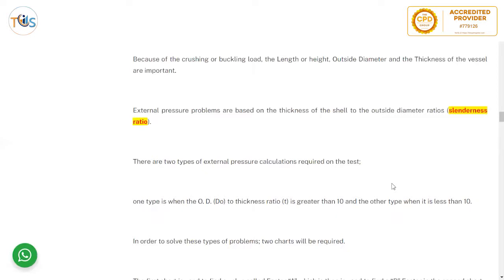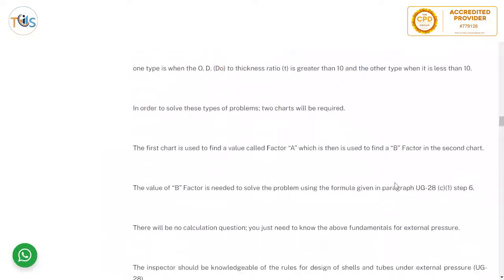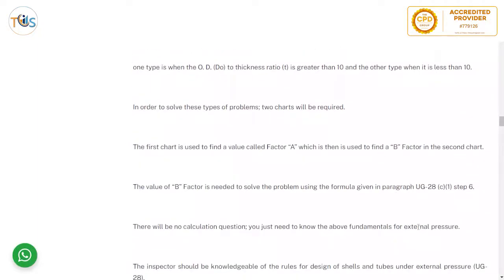So if the OD to thickness is greater than 10, use one approach, and there is another formula when the OD to thickness is less than 10. There are two charts to solve these types of problems. The first chart is used to find a value called the A factor, and then that is used to find the B factor in the second chart.